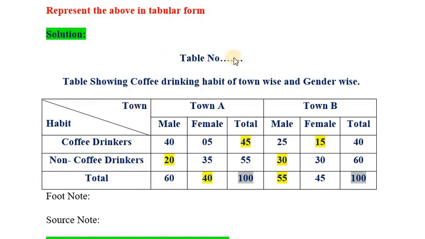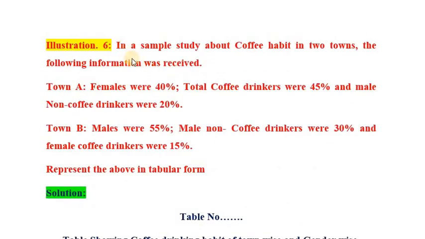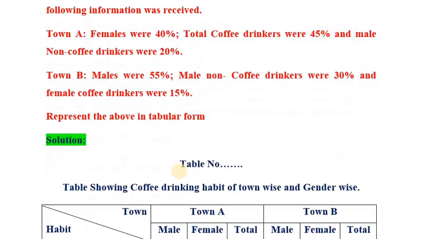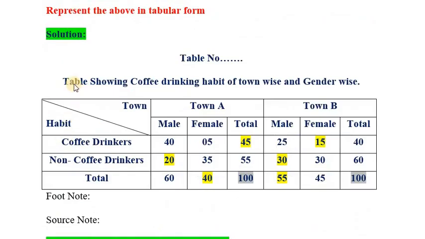So, here the table number, as I've said earlier, can be the problem number, table number 6, and next decide the heading of the table. And here I've selected the heading as: table showing coffee drinking habit town wise and gender wise. Coffee drinking habit of people residing in town A and B and gender wise.